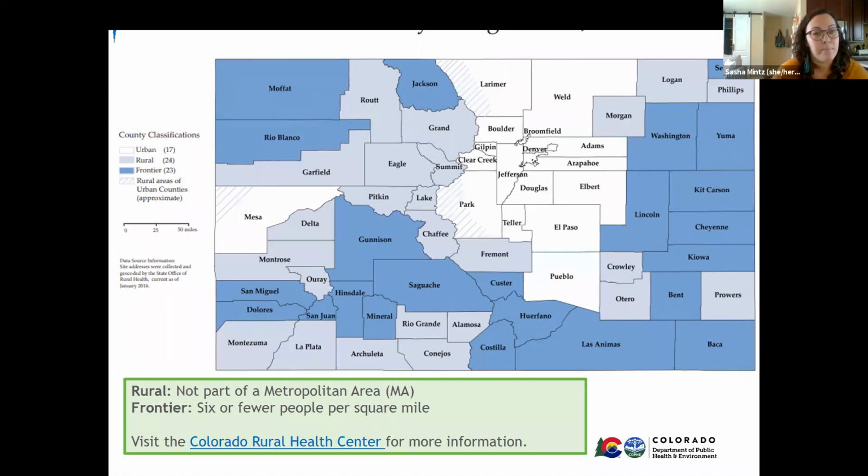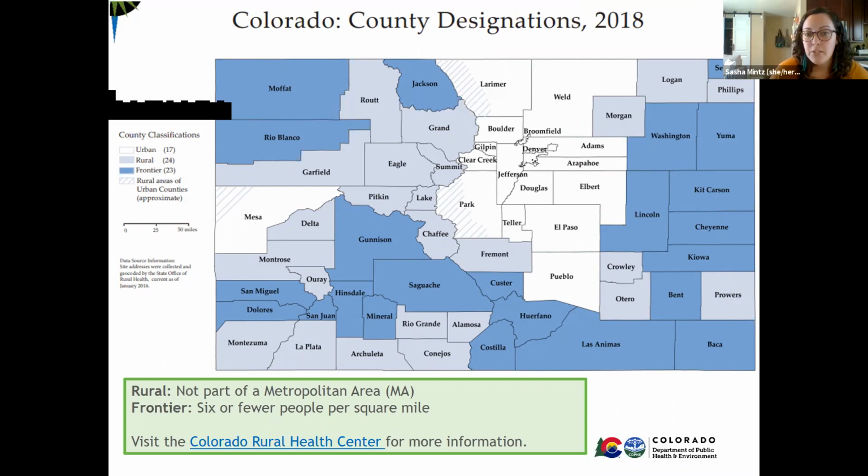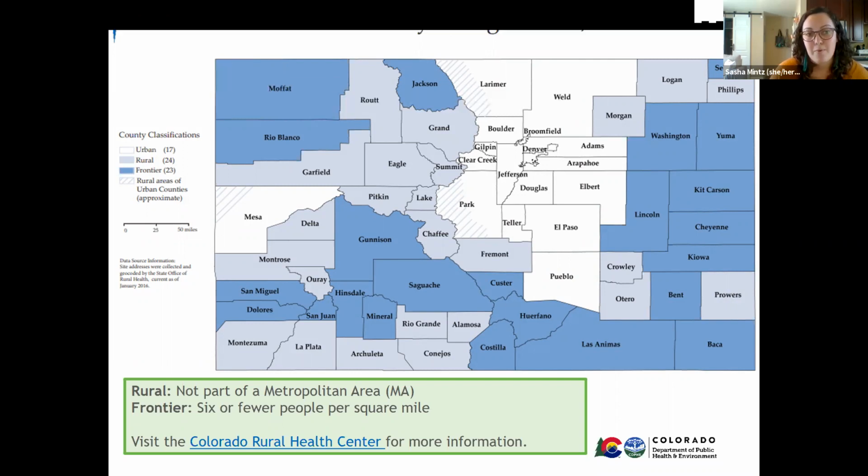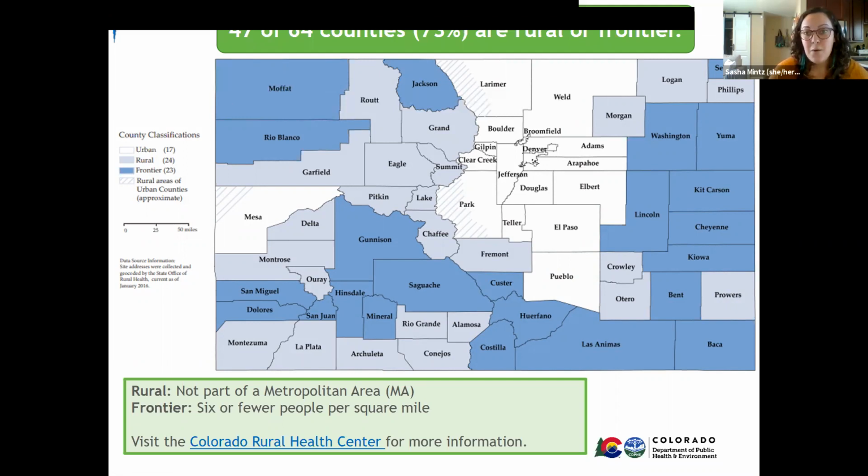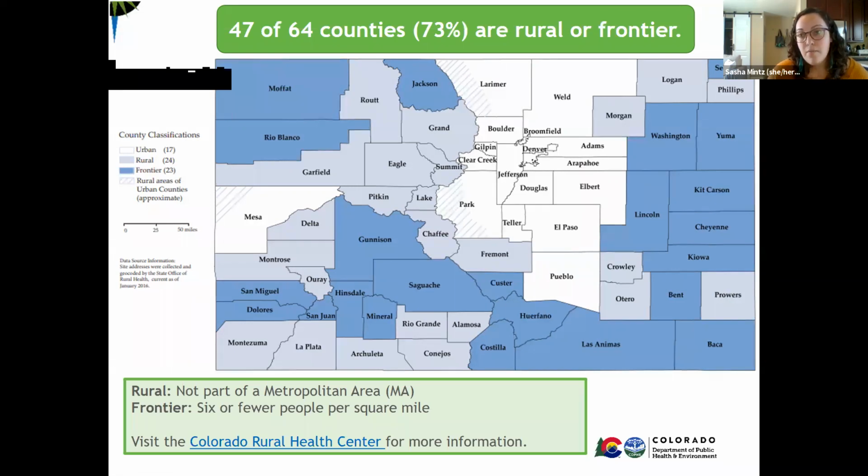And as you see in the green box on the slide, all counties that are not designated as parts of metropolitan areas are considered rural, and frontier counties are further classified as those with a population density of 6 or fewer people per square mile. So on this map, the light blue counties are rural and the darker blue are considered frontier. It's always striking to me when I look at this map that 47 of Colorado's 64 counties, or about 73% of the state, are designated as rural or frontier.